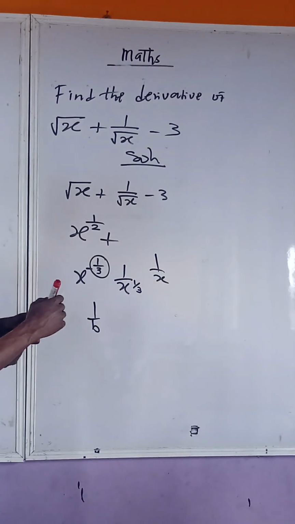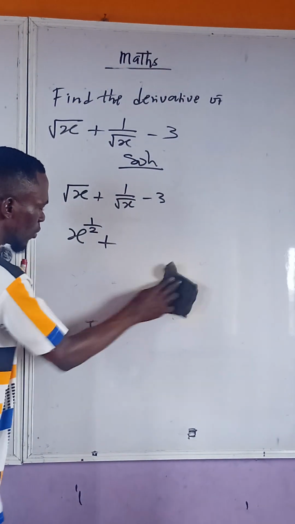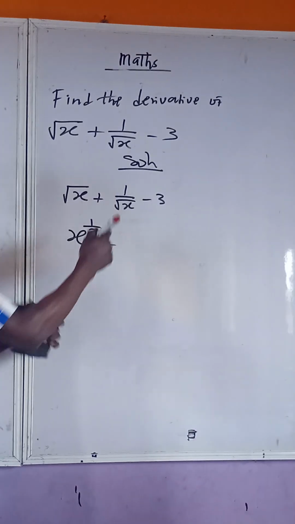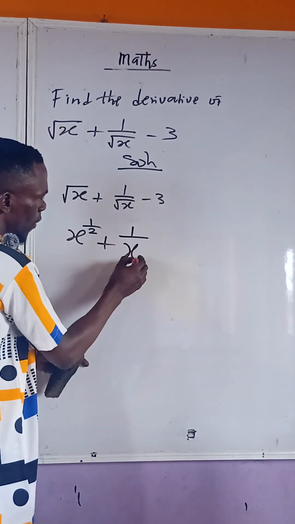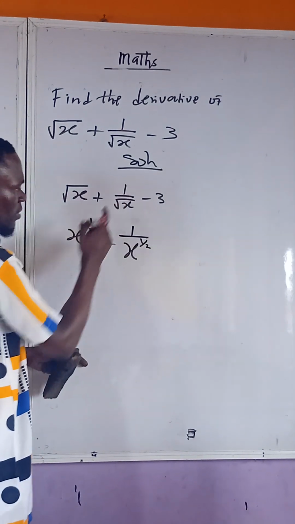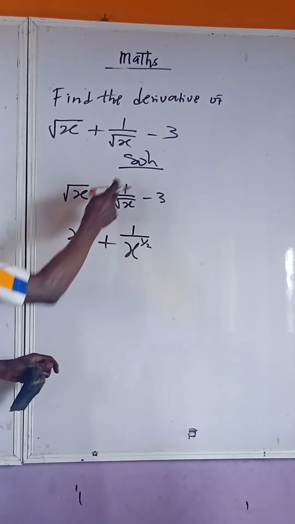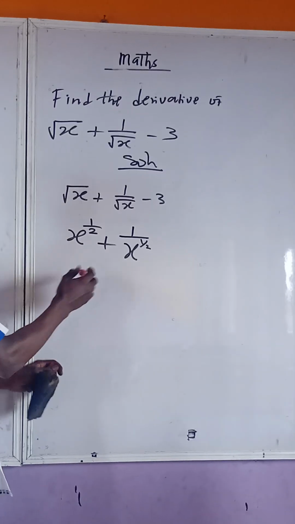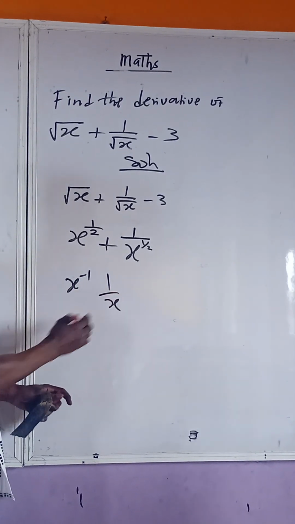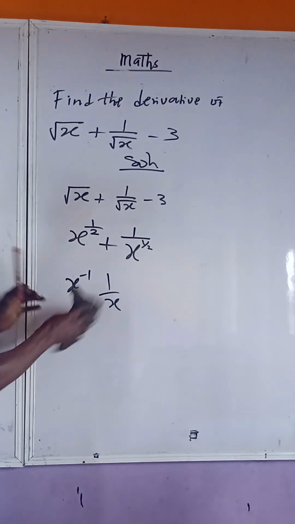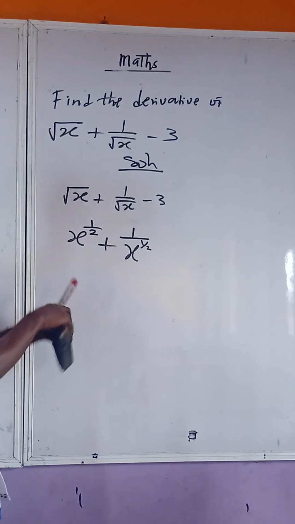So that is it. Let's take the other part. Let's simplify this one first as 1 all over x raised to the power of 1 over 2, that's what this square root simply means. Don't forget I told you that x raised to the power of minus 1 means the inverse of x, which is 1 over x. So 1 over this is the inverse.